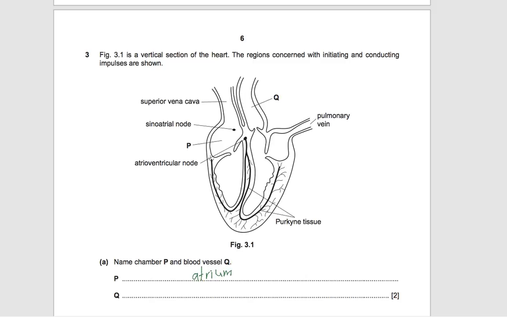And then Q, the biggest and strongest vein in the body, actually an artery, sorry, is called the aorta, which pumps oxygen-rich blood all over the body.